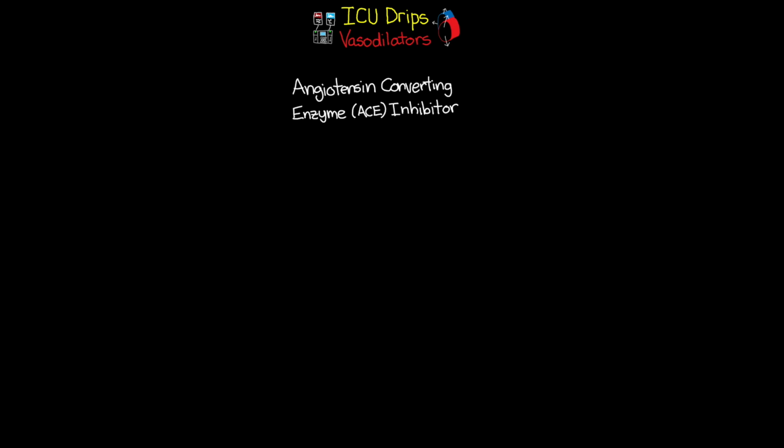All right, so with that said, let's talk about the first class, the angiotensin converting enzyme, or ACE inhibitor. Now, there's not much that I'm really going to say about this one because it's not really commonly used as continuous IV. So I almost wasn't going to include this in the lesson, but I think it is important to have an awareness of some of these medications that you could possibly see.